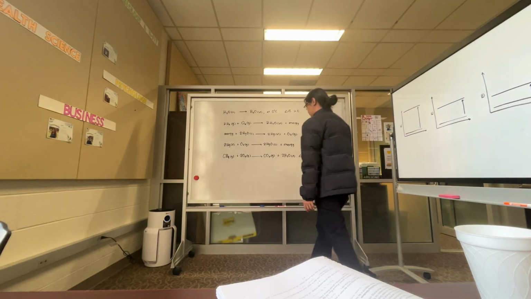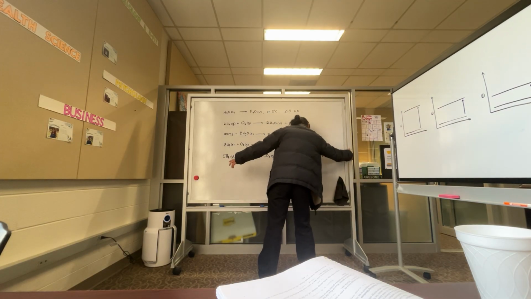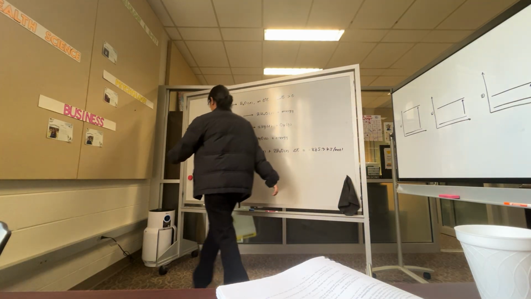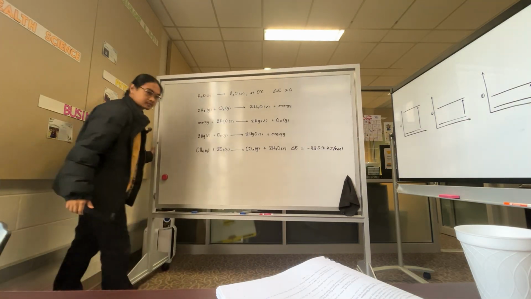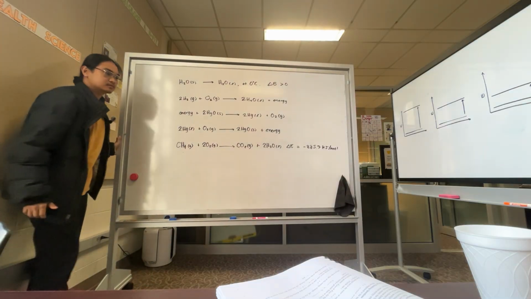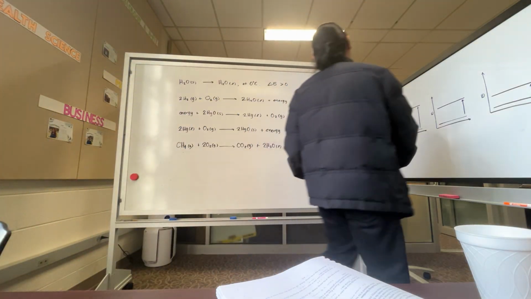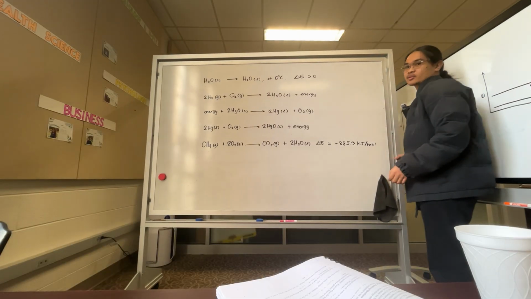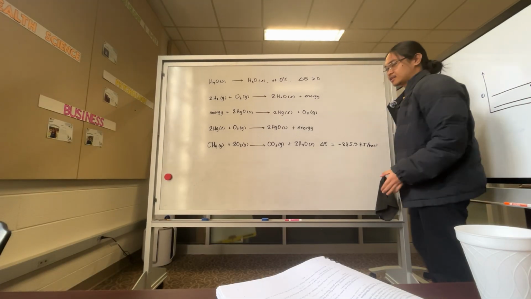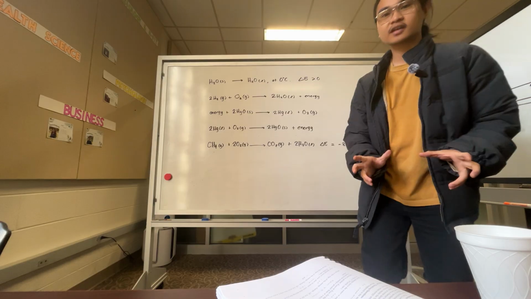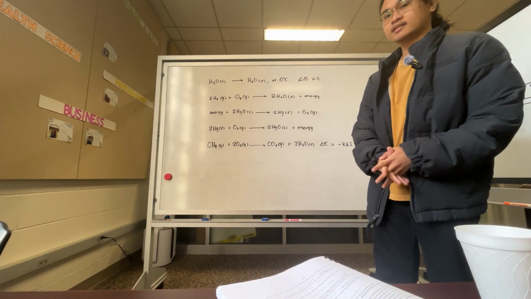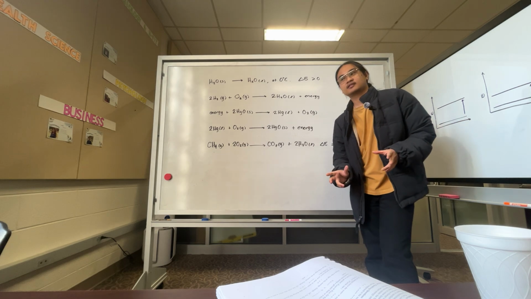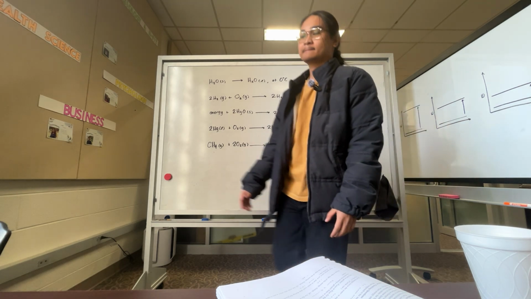Let me just pull this one closer. Okay, so I want us to differentiate between what an exothermic and an endothermic reaction is. Again, an endothermic reaction is a positive delta E, and a negative delta E is exothermic, right?